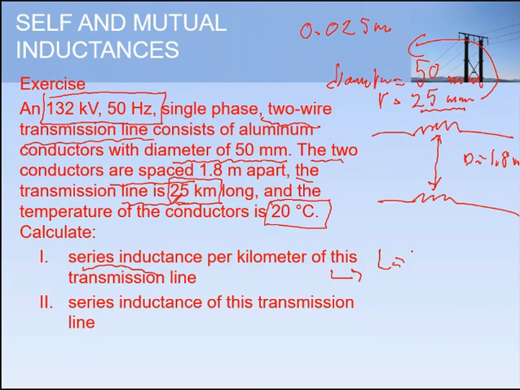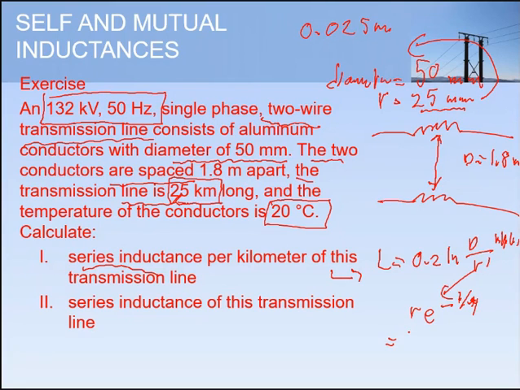Dia dah ada R. So kalau tak saya cek ni lah kan? 0.2 ln D over apa? R prime. Okay. Dalam millihenry per kilometer. So ni R prime ni sama apa? Sama dengan R e negatif 1/4.